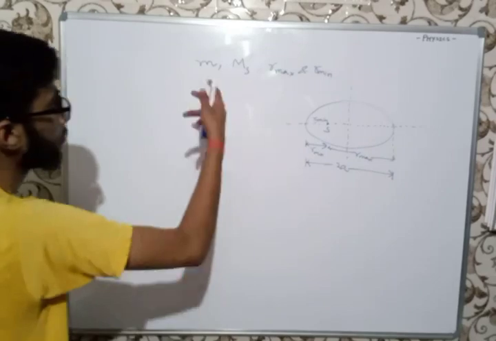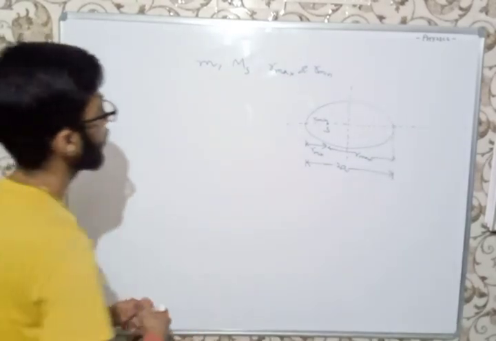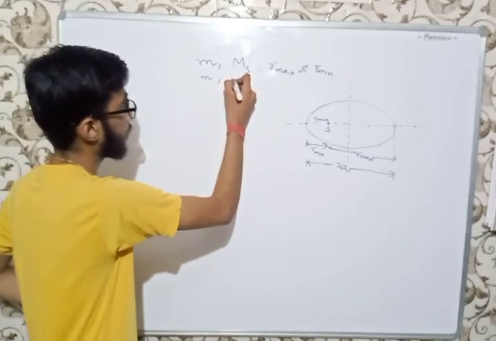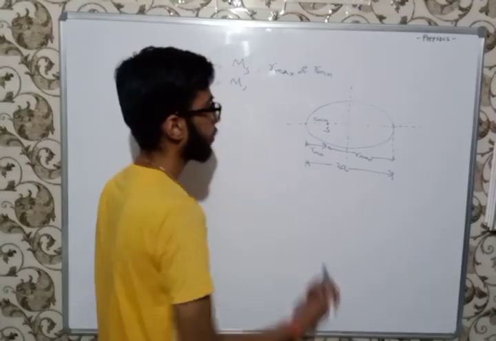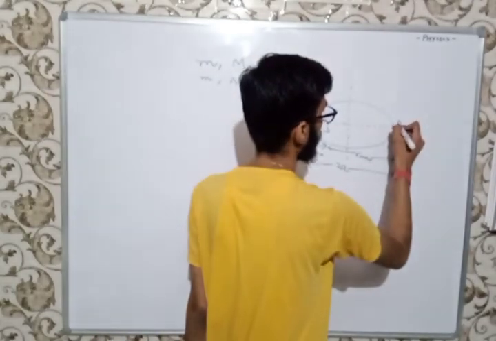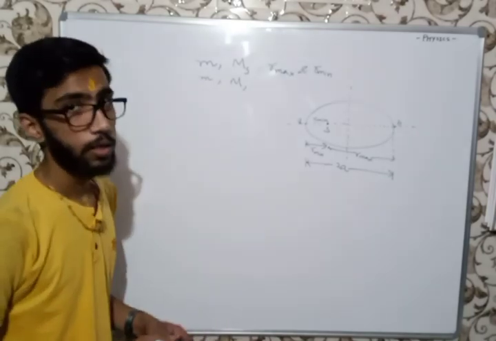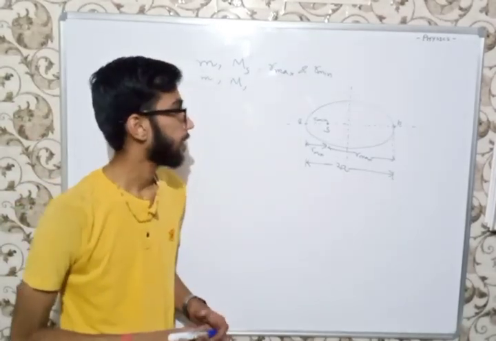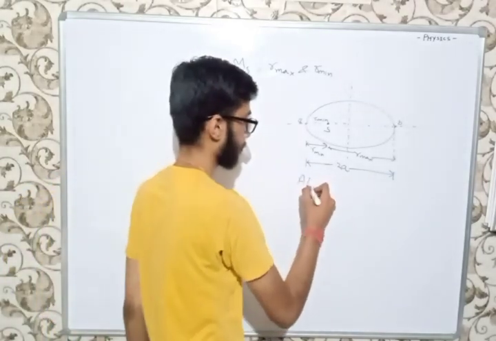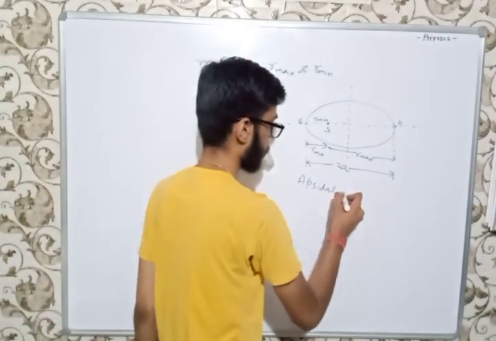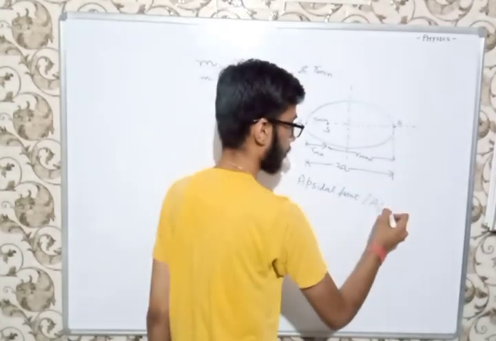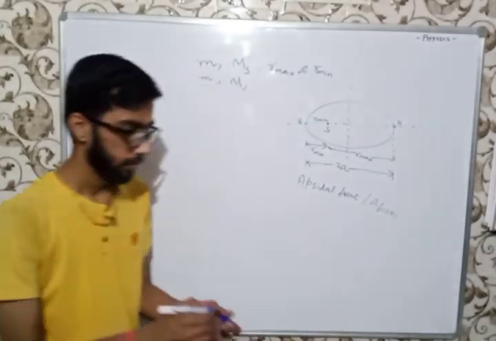Now let's come to the problem. For simplicity, I will write the mass of the planet as small m, the mass of the sun as capital M. Now say this point is A and this point is B. These points are the extremities, and they are called apsidal points.